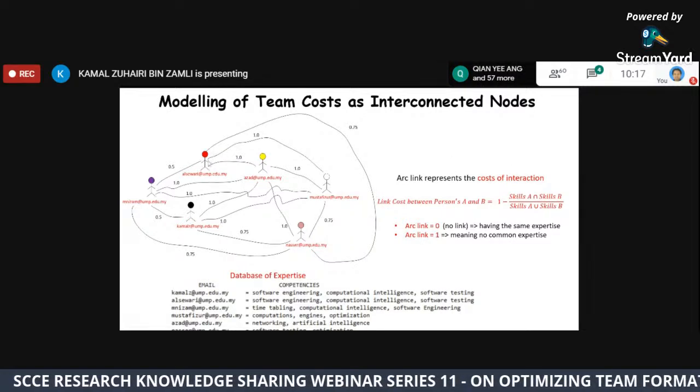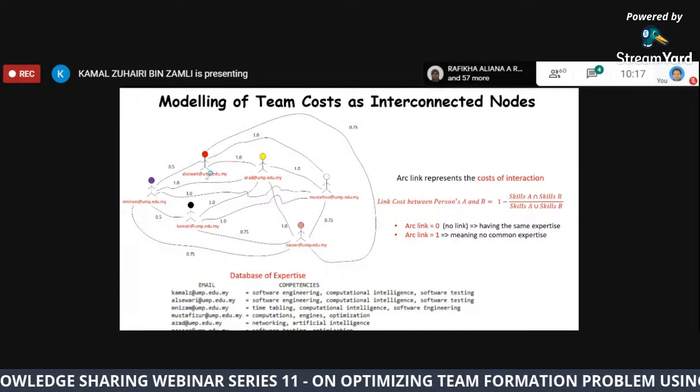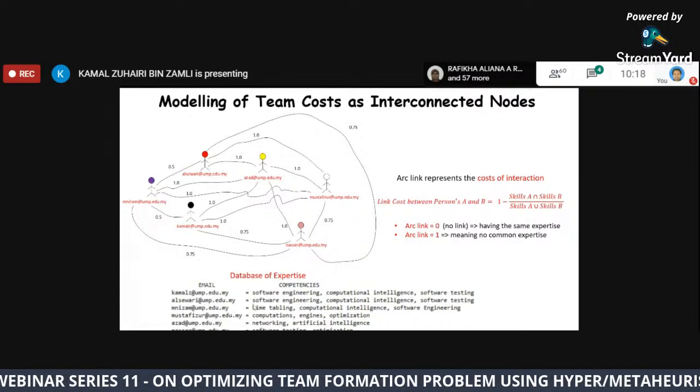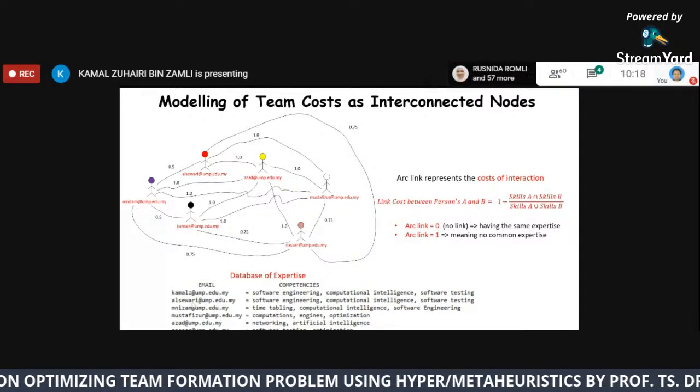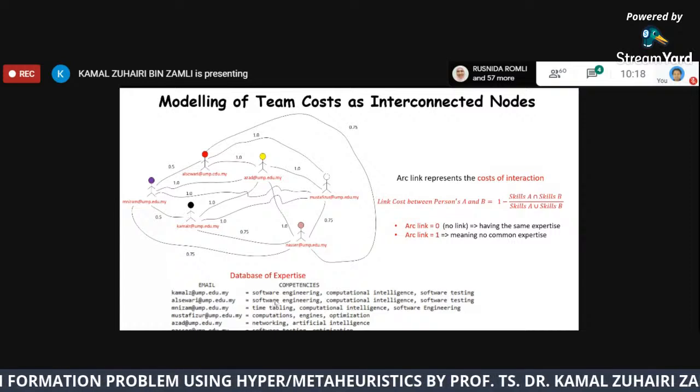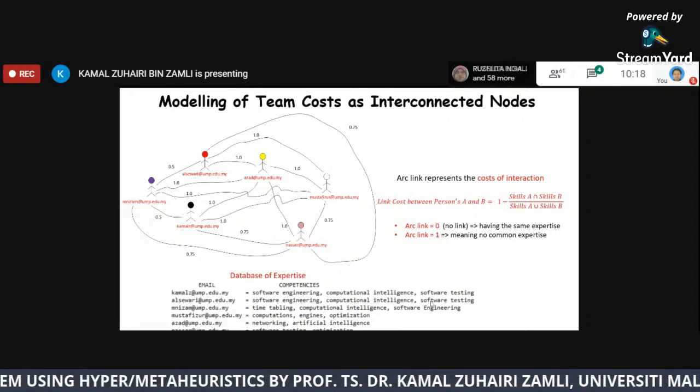For example, if you look at Al-Swari to Nasir, so we look at Al-Swari here to Nasir, they have a common skill called software testing.